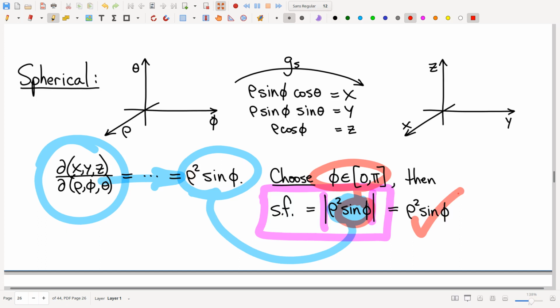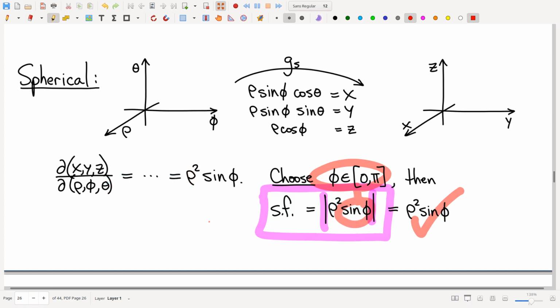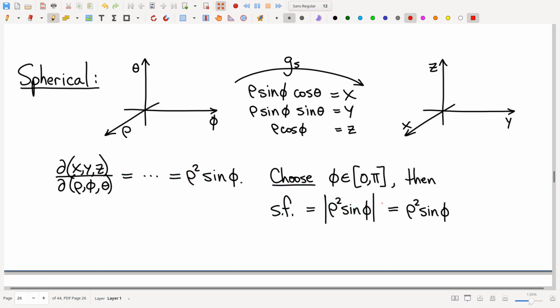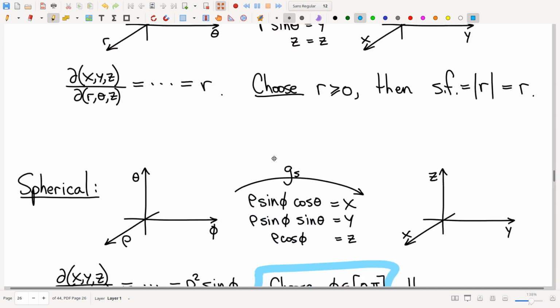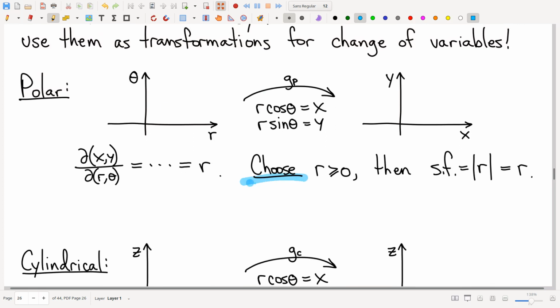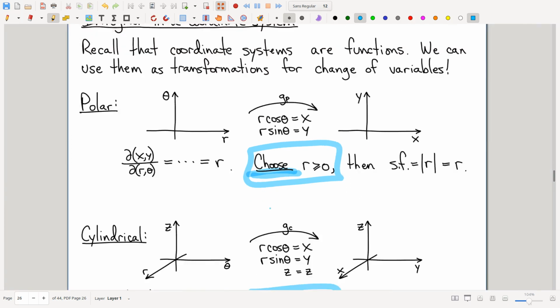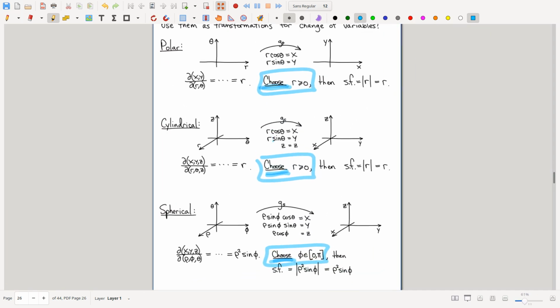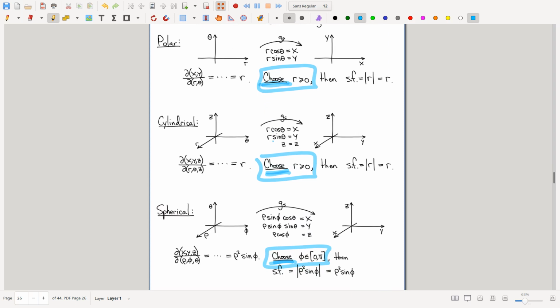Okay, one last word about this, and that is if you look at our urged choices, phi between 0 and pi, r positive, and then likewise up here, r non-negative, of course. You look at these choices here.